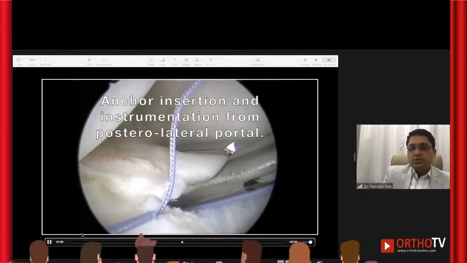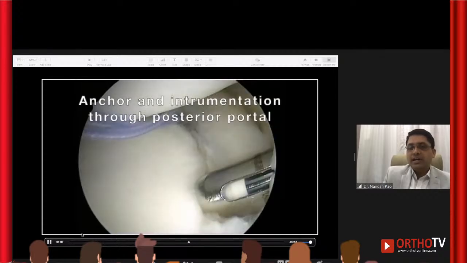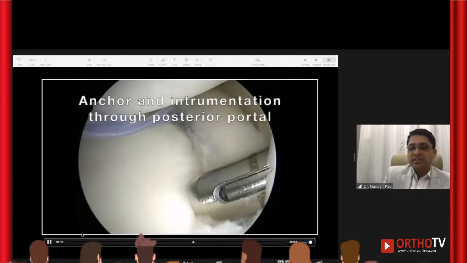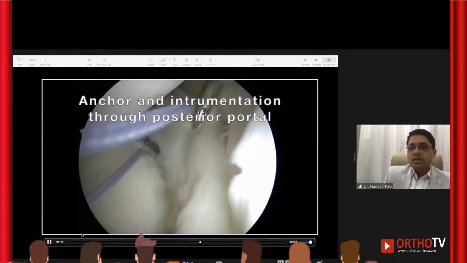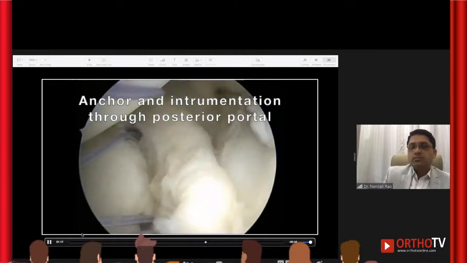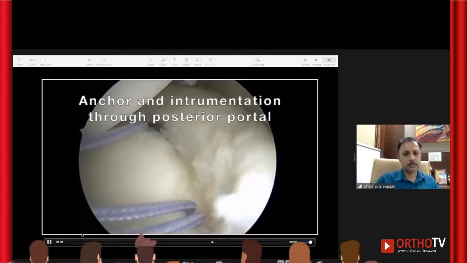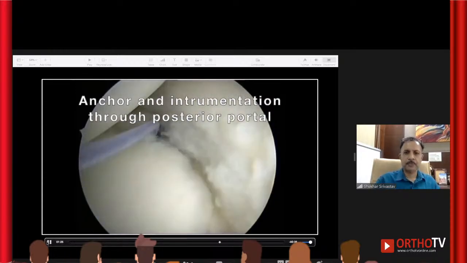Basically the suture has to pass caudally or inferior to the anchor so that we get a posterior capsular shift with a retensioning element. So this is again a retrograde passage of the suture.